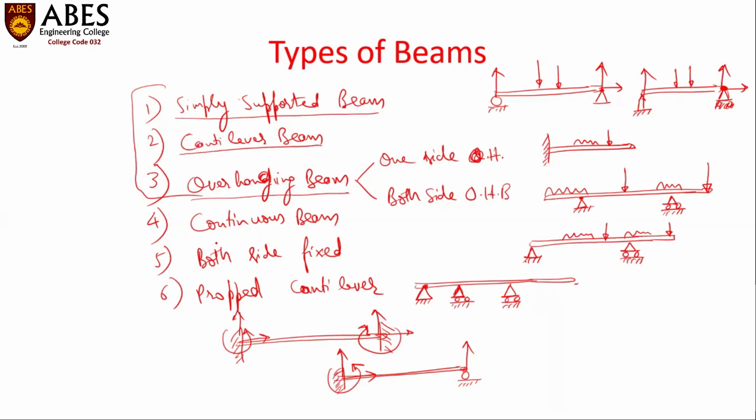The remaining three, continuous beam, both side fixed beam, and propped cantilever, are considered as statically indeterminate beams because the number of equations will be three, but the number of unknown variables will be more than three, four, five, or six. So solving will not be possible using those equations only. So these three are called statically indeterminate beams.